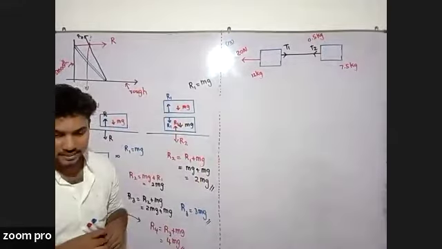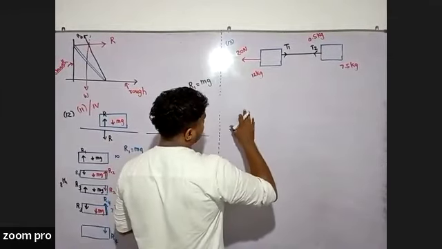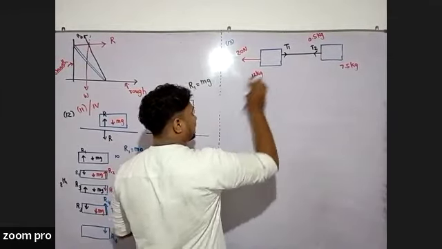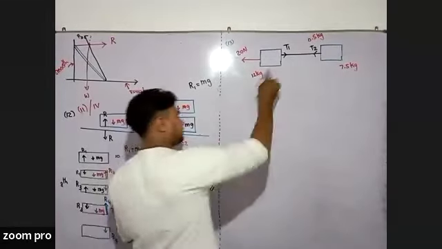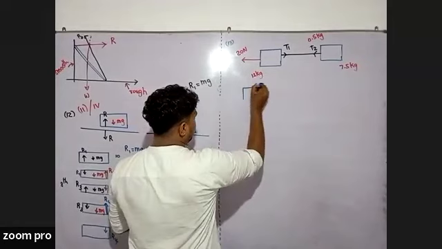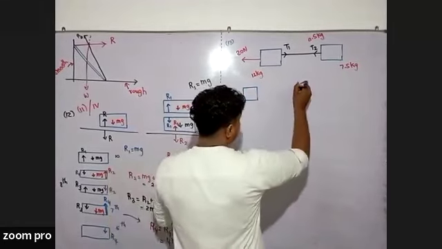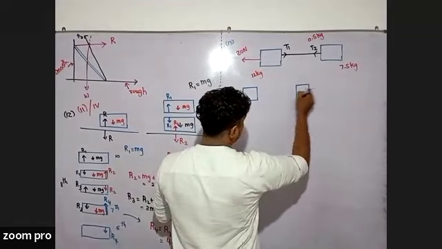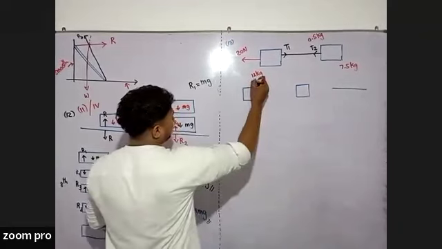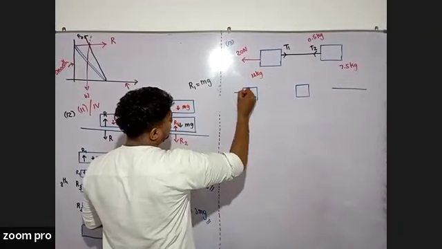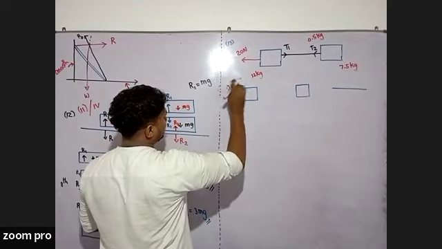So let's apply the forces exerted on each object. As I have explained, if I consider the free body diagram, that means I isolate the forces exerted on the object. Let's consider the 12 kilogram object. These are the forces exerted on it.